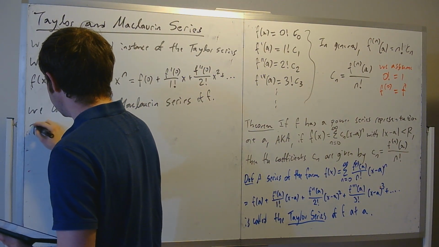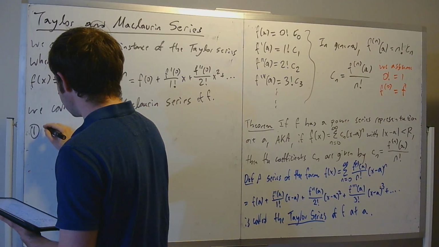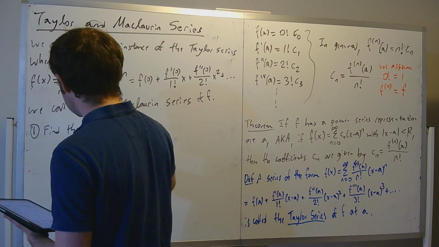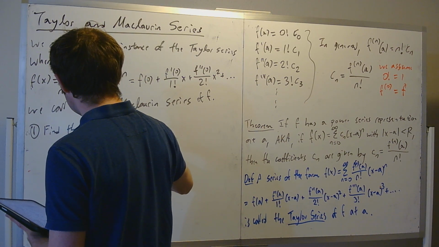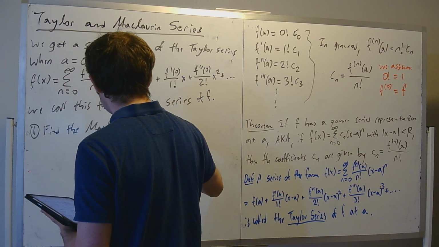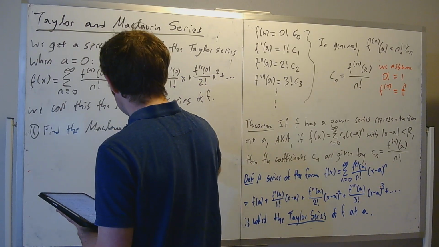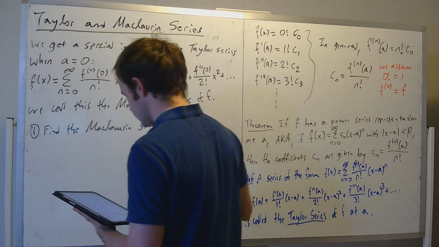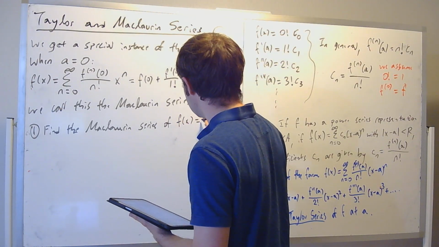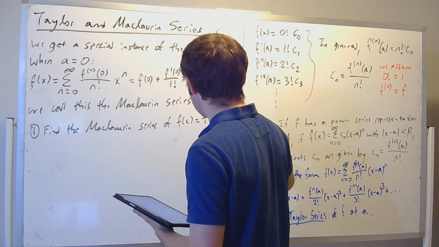Example number 1 is going to say find the Maclaurin series of f of x equals 1 over 1 minus x.